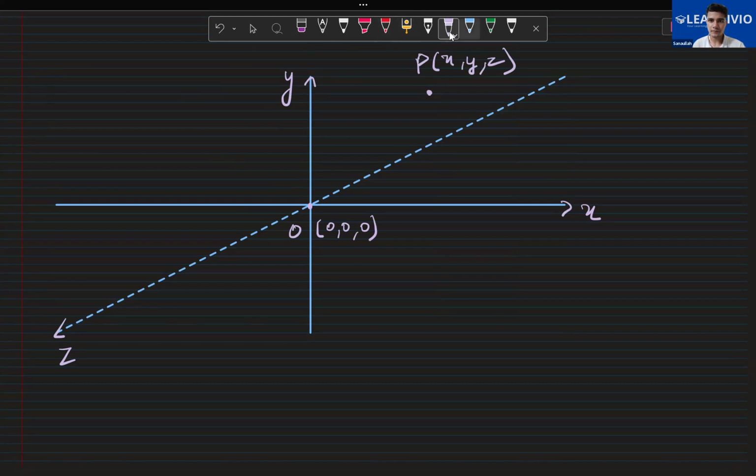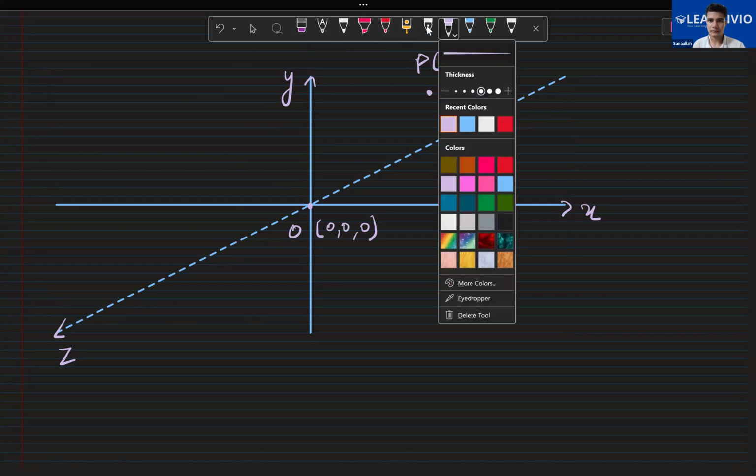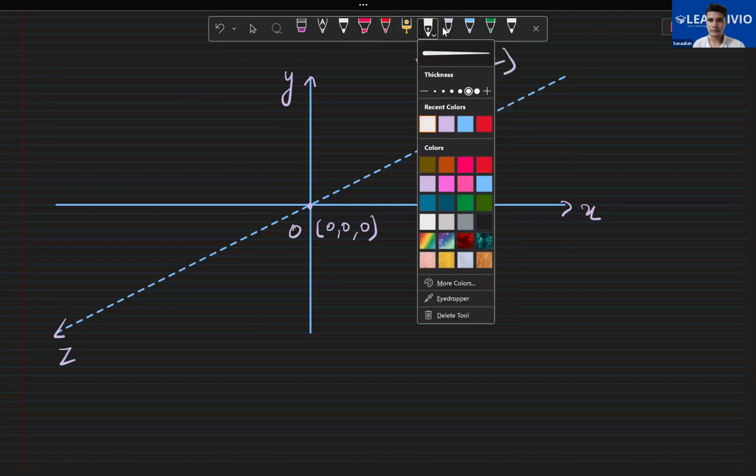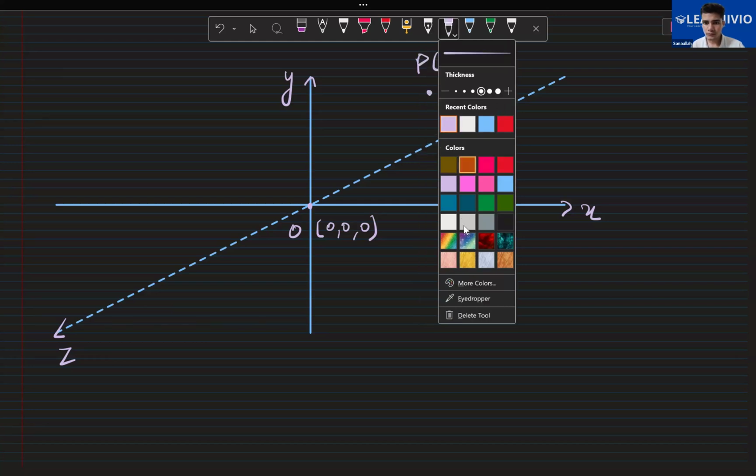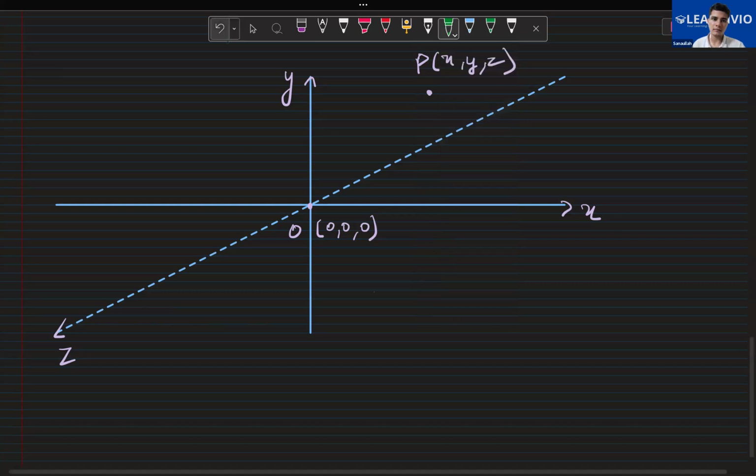Okay. All right. So if I draw a line, this line, this is my origin, and this is a point in a 3D plane.